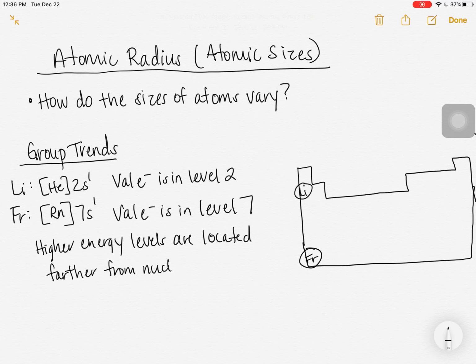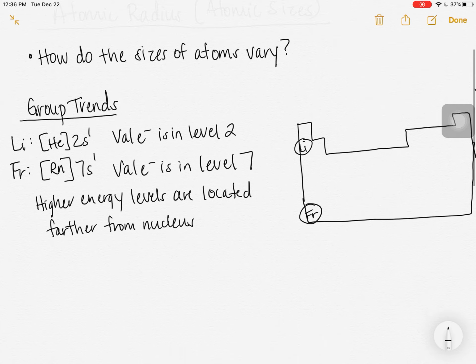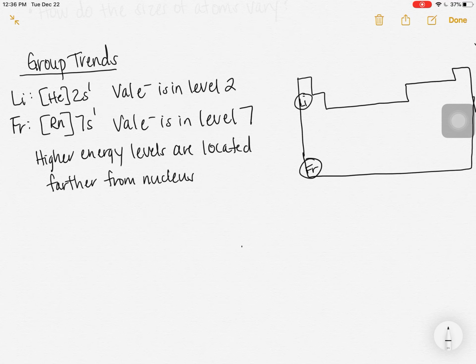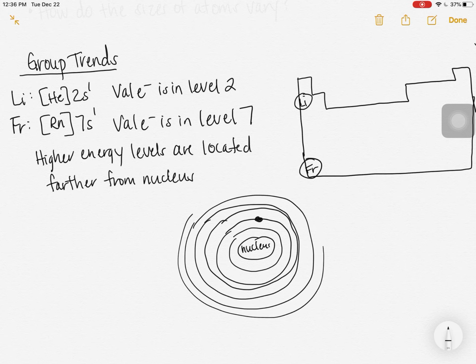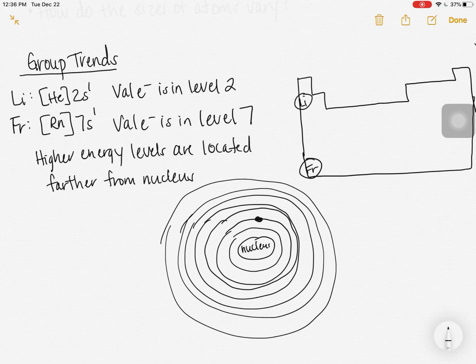Think about that picture that you used to draw when you were in 8th grade. Here's your nucleus, here's the first level, here's the second level. So there's lithium's electron, and that's how big lithium would be. But think about francium: level 3, I'm not even going to have enough room, level 4, level 5, oh my gosh, level 6, level 7.